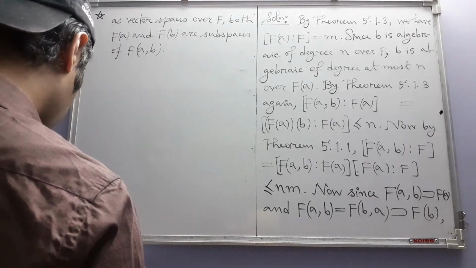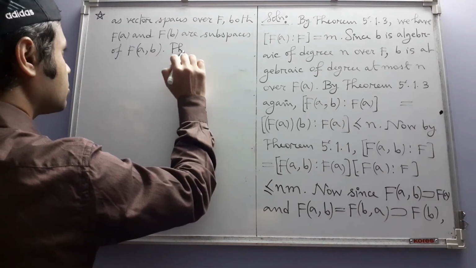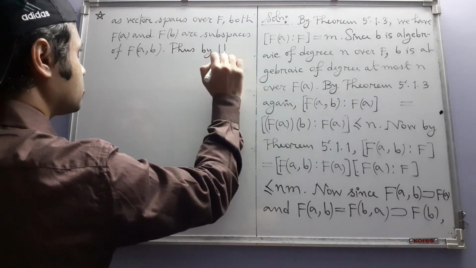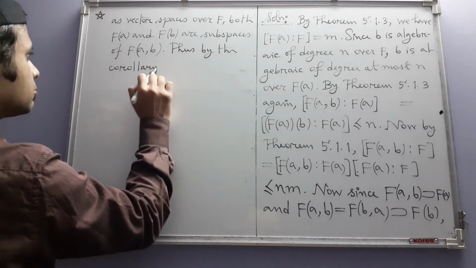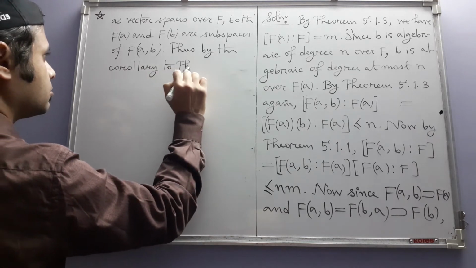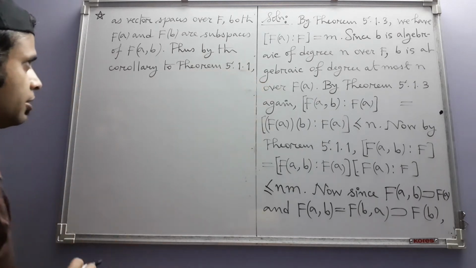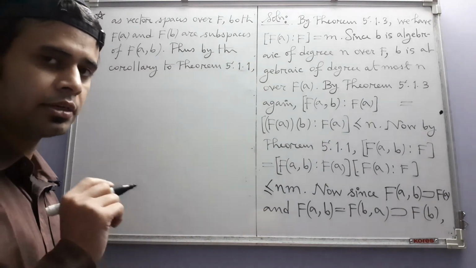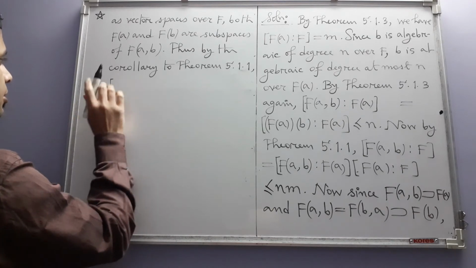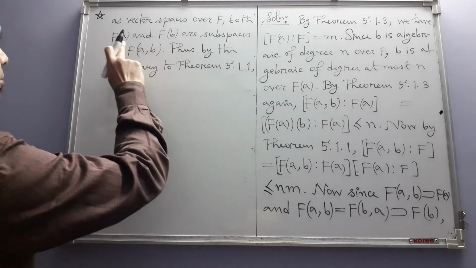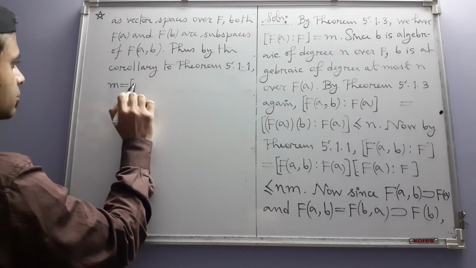Okay, so thus by the corollary to the first theorem, the dimensions of these subspaces will divide the dimension of the original space. The dimension of the first one, this one, is m over F, of course.